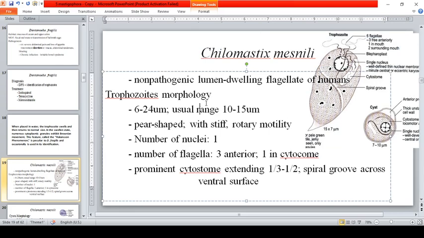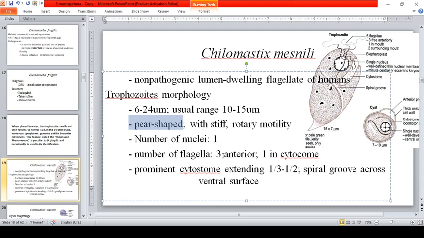Okay? Trophozoite morphology: it is pear-shaped with stiff rotary motility. Hindi kagaya ni Giardia lamblia na falling leaf motility. Number of nuclei, it has only one nucleus.